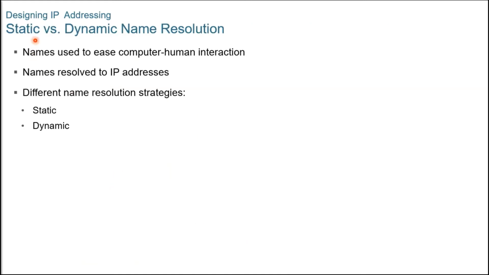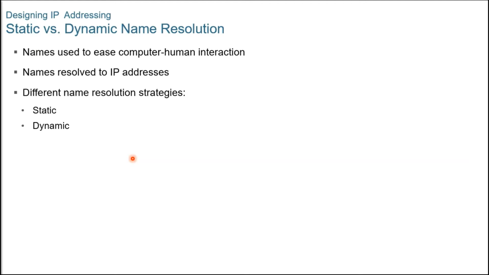Static versus dynamic name resolution. Names are used to identify different hosts and resources on the network and to provide user-friendly interaction with computers. A name is much easier to remember than an IP address.